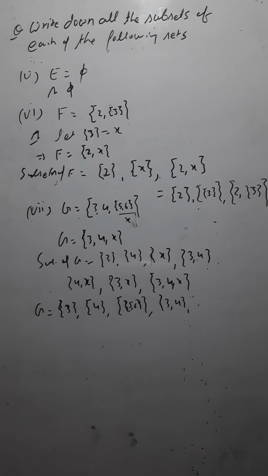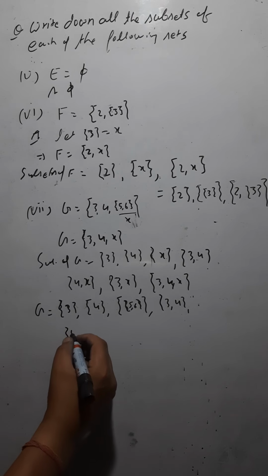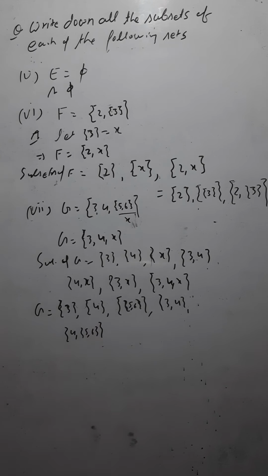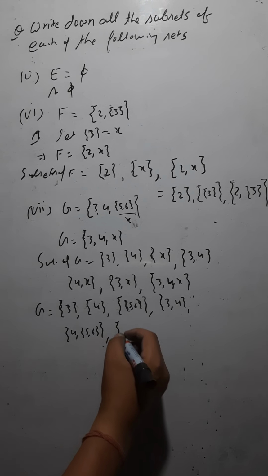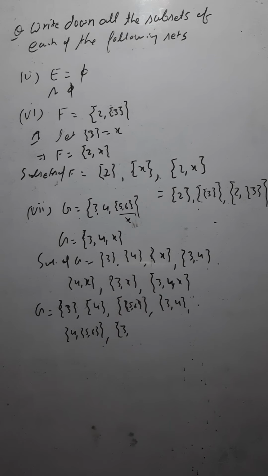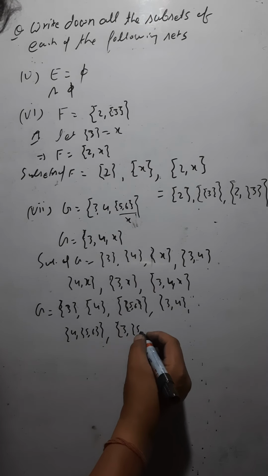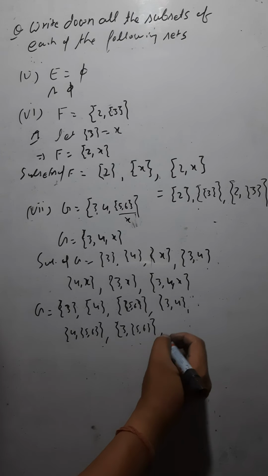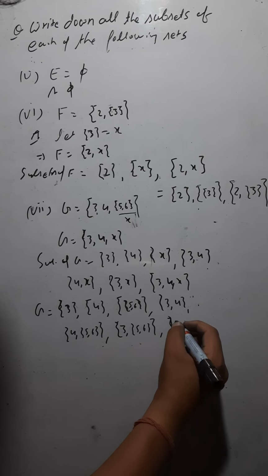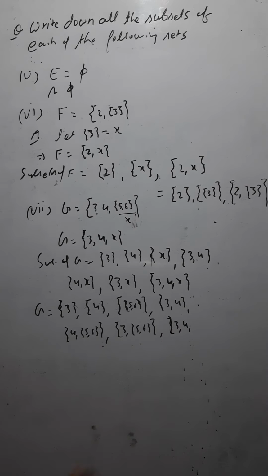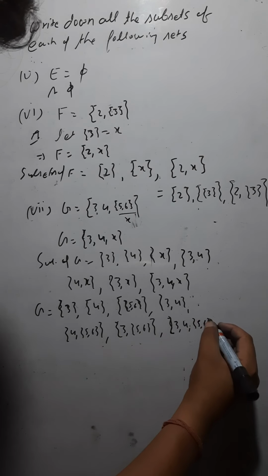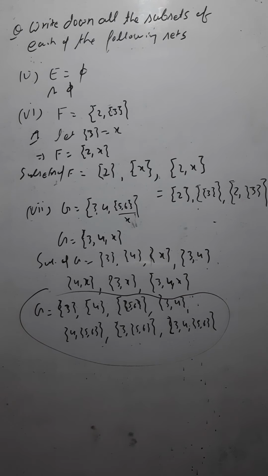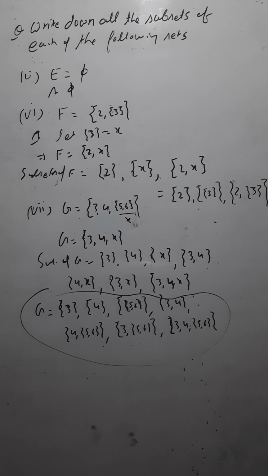Then next is 4, X. So you would be writing this as 4, X. In place of X you write 5, 6. This is how. Then next you would have 3, in place of X again you are writing 5, 6, isn't it? Okay, then the last one is 3, 4, in place of X again 5, 6. Okay, so these are the possible subsets of set G, isn't it?